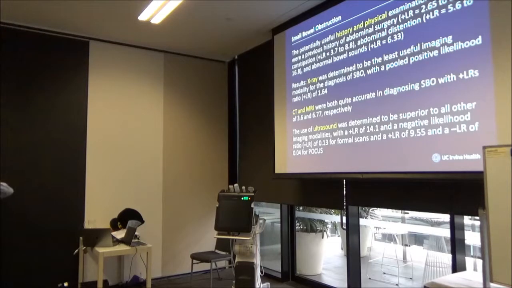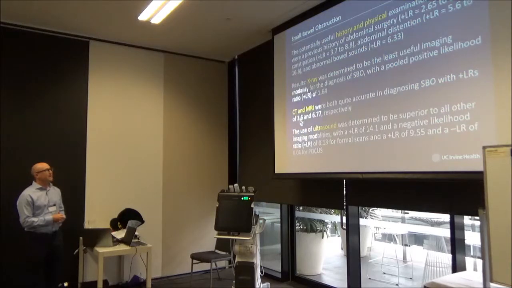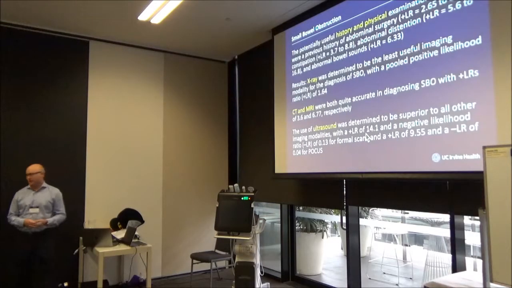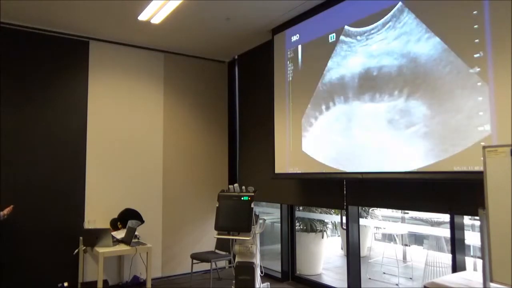If you look at the likelihood ratios for CT and MRI for small bowel obstruction, you're looking at positive likelihood ratios of 3.6 and 6.7, but ultrasound had a crazy likelihood ratio of 14.1. So almost double that of MRI. I think that's really important.